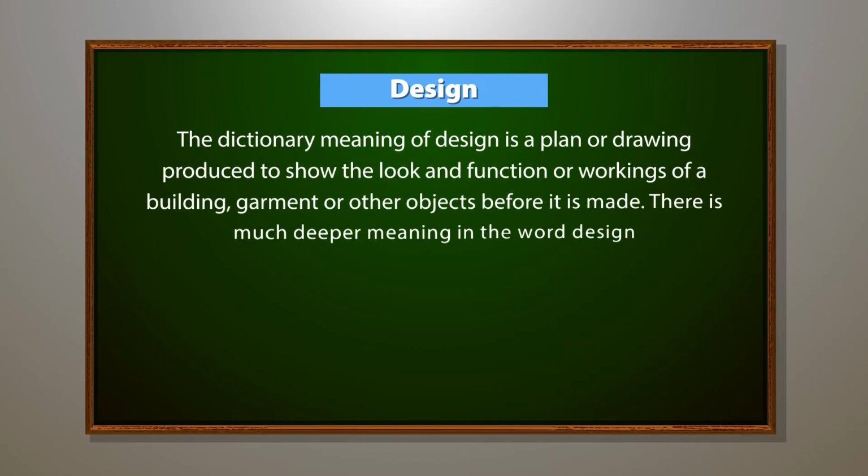Each one of us, we use this word design in many ways. The dictionary meaning of design is a plan or a drawing produced to show the look and function or working of, let's say, any building, or let's say any garment or any other object.